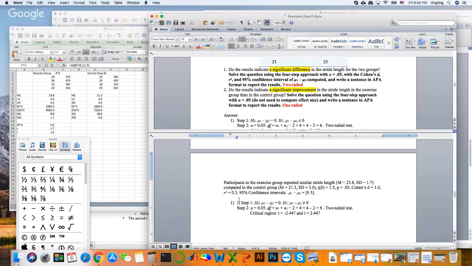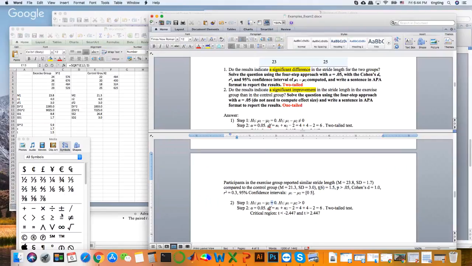Step 1: because we assume a significant improvement in the scores in the exercise group, the alternative hypothesis should be mu1 minus mu2 greater than 0.